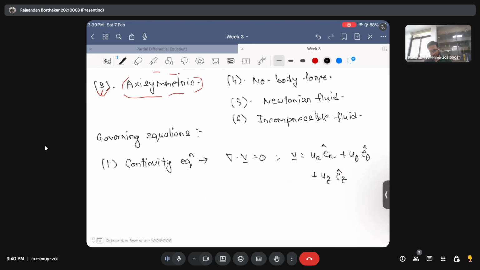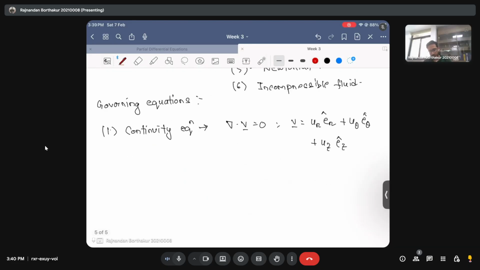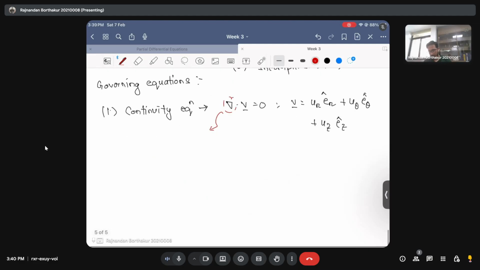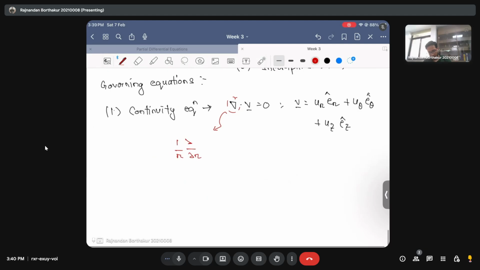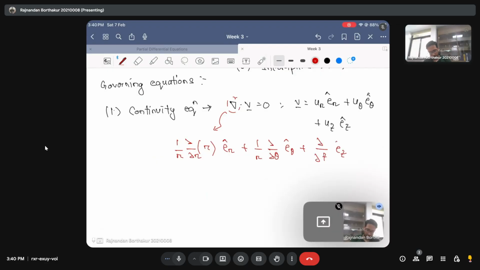If you look into the del operator in cylindrical coordinates, it looks like 1 by r del r of r er, plus 1 by r del theta of e theta, plus del z of ez.